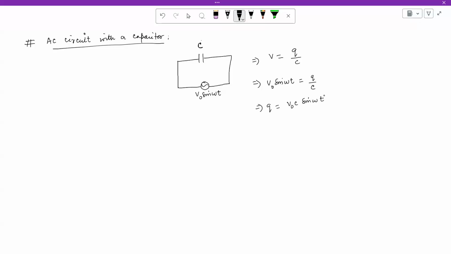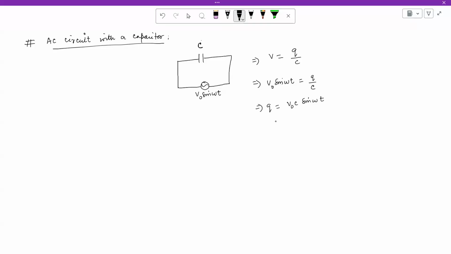You see that we want to calculate the current. So how do we calculate the current from charge? It is the change in charge by change in time.